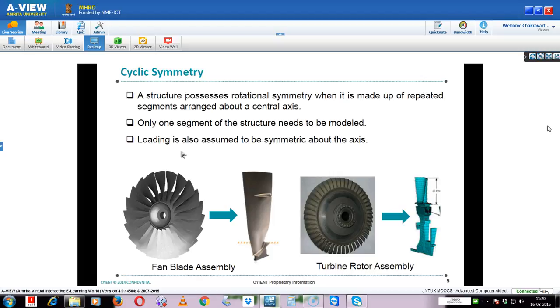So loading is assumed to be symmetric about the axis. For this type of problem in a fan blade assembly, typically there are some loads acting on the blades.